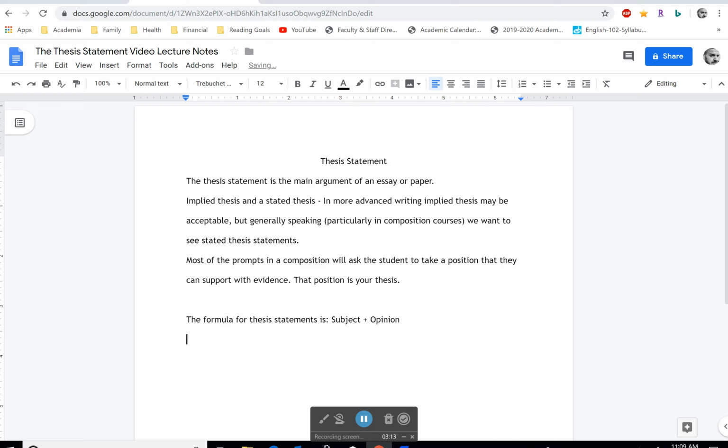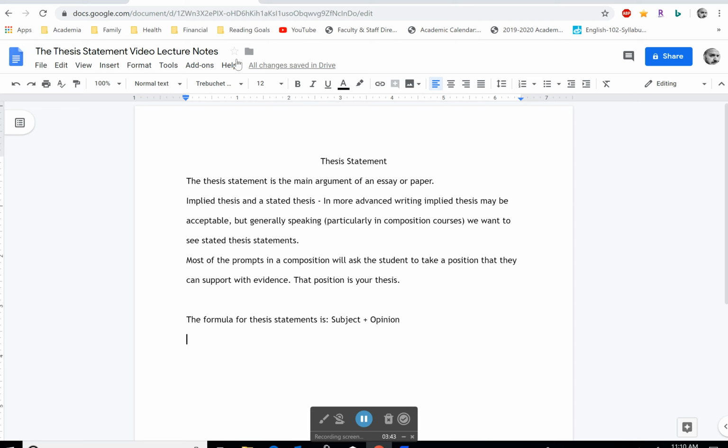So if you think about a thesis statement as a single sentence that explains what the subject you are writing on is, and then what your opinion on that subject is, it makes it pretty easy to put these two things together. You can almost think about it as a compound or complex sentence, sometimes a compound complex sentence, that expresses what the main topic is and the opinion on the question in the prompt that you are given.